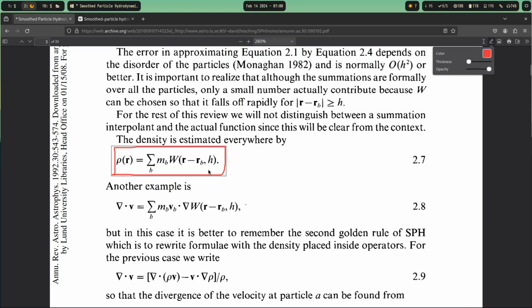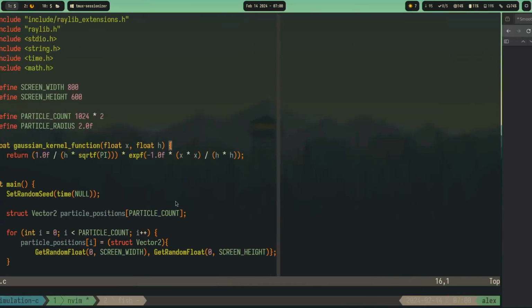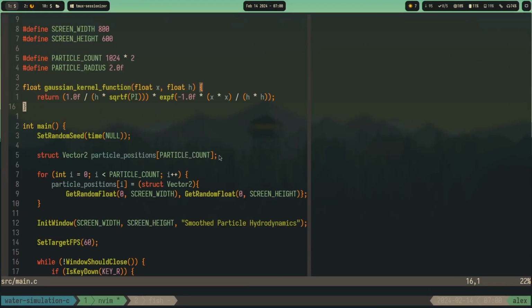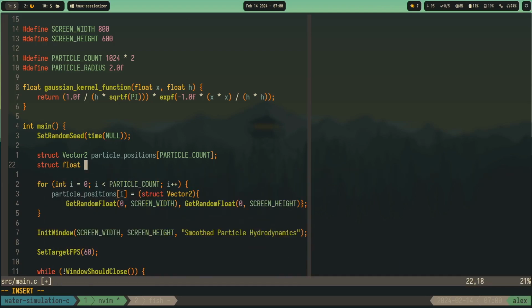Yeah, and then we can just do this density function. So we will need float particle densities.